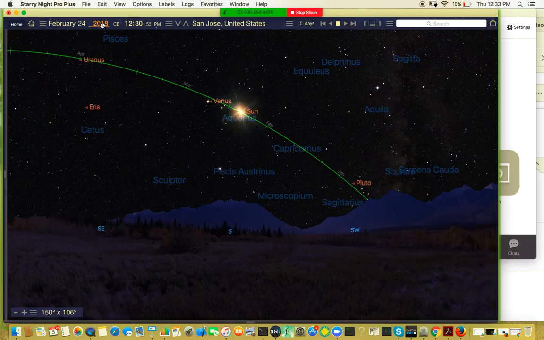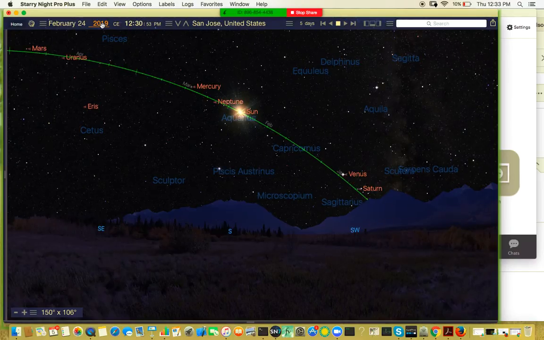The Sun is back to the same position. 2019, the Sun is back to the same position. So the definition of a year, or tropical year, is a time defined by the Sun being in that same position in the sky after a period of what we call 1 year.